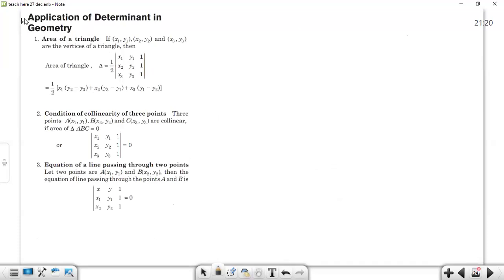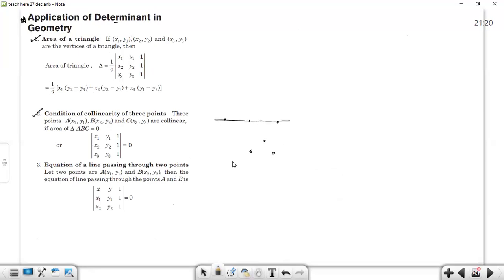Now it is a very important application of determinants in the geometry topic. In this topic, we are going to understand how, using determinants, we will be able to find out the area of a triangle, or tell whether 3 points are collinear or not. Collinear means if 3 points lie on a straight line, then these 3 points are collinear.